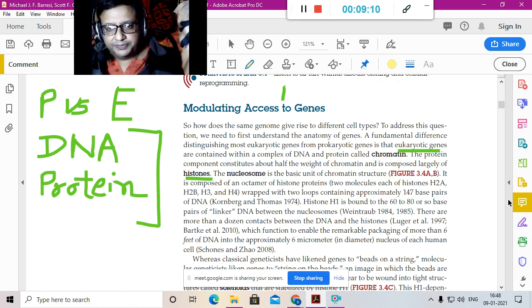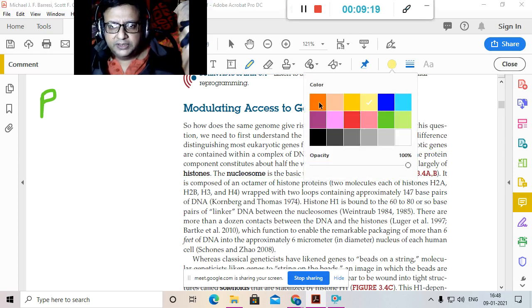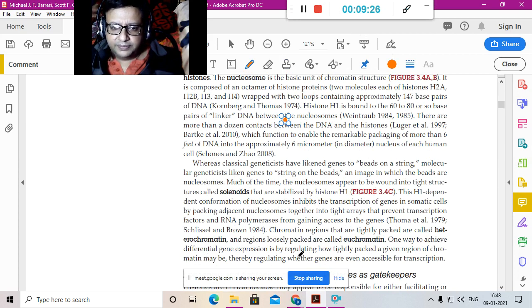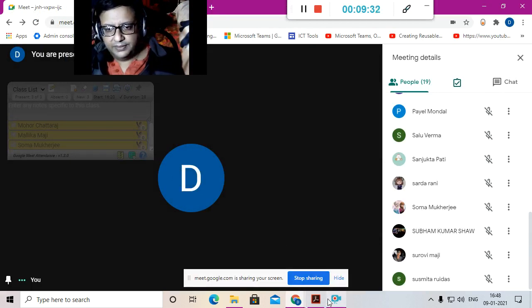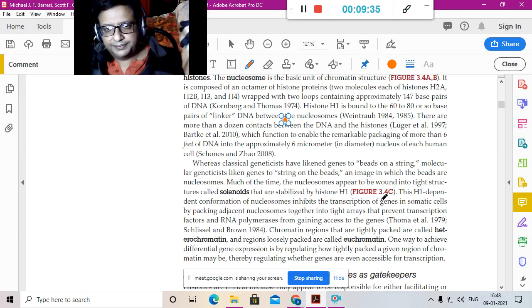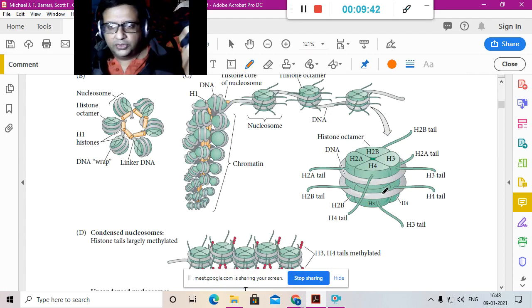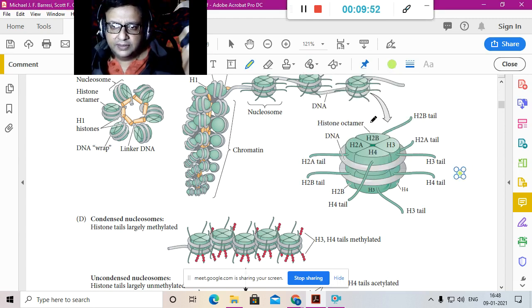Let's have a look at the figure. So you can see this gray region here.